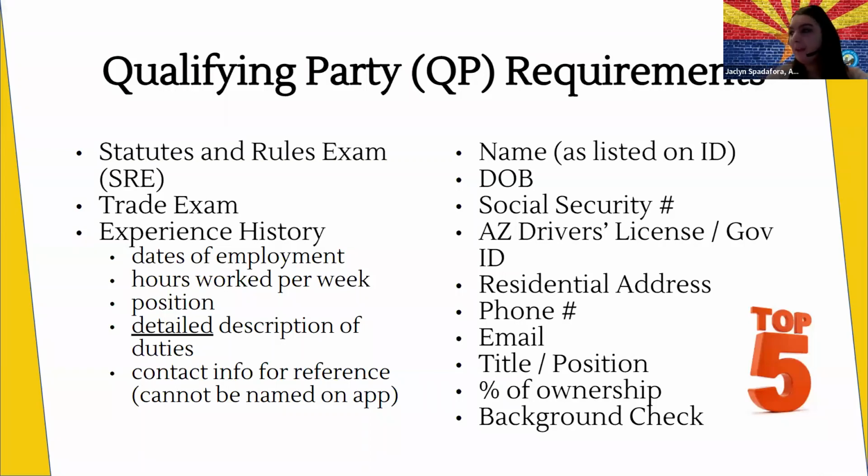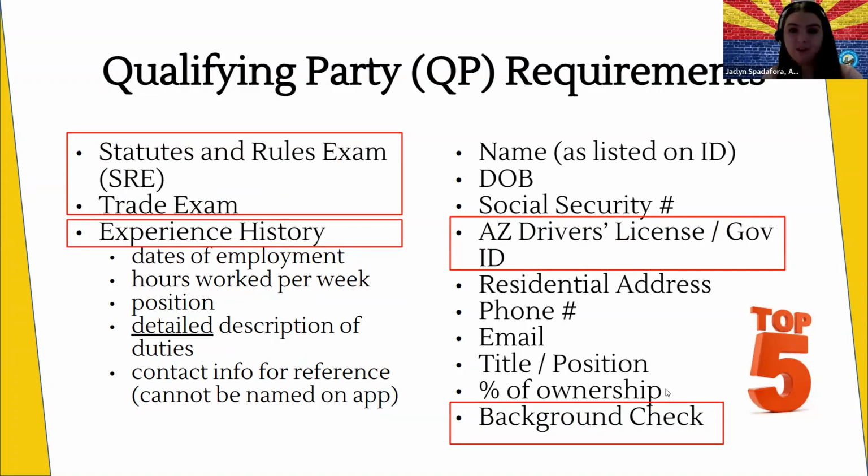You need your name as listed on the government issued ID, their date of birth, social security number, their driver's license or other government issued ID, residential address, phone number, email, that title and position. If they have any ownership, in that percentage, along with a background check through our website.